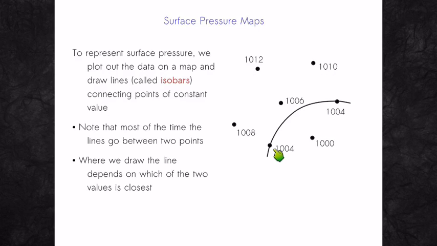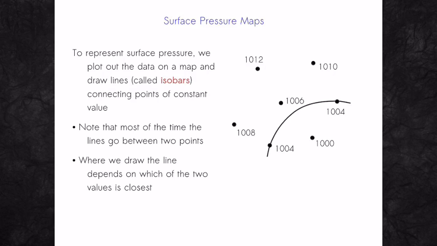So everywhere along this curve, the pressure has a value of 1,004, and so it ends up going through the 2 stations. Now, of course, you have to figure out what the shape of the curve is going to be as it passes through those stations, and we'll talk about that on the next slide or two. But that's the basic idea. Everywhere along this curve, pressure has a value of 1,004.